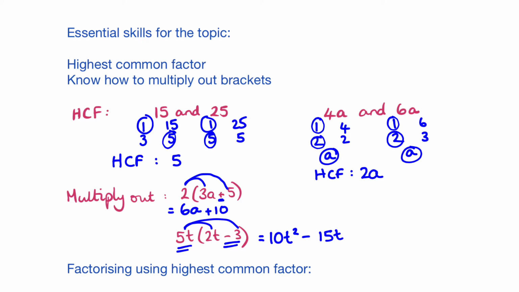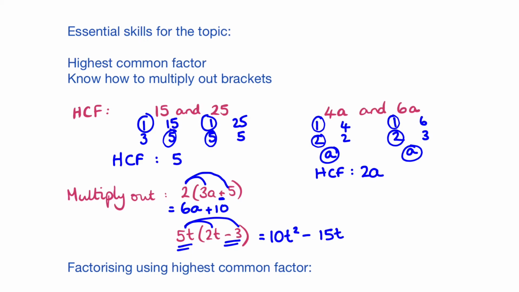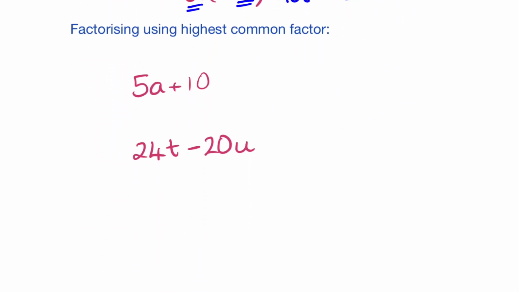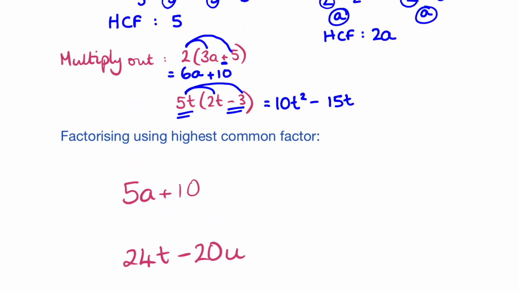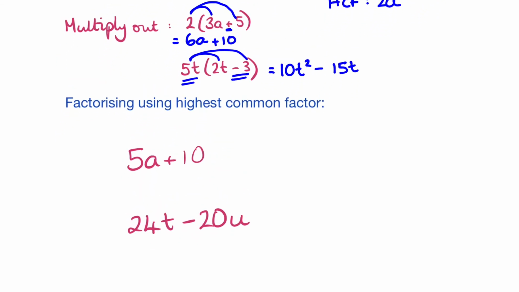Okay? So when we're factorising using the highest common factor, we're actually working backwards, so I'll leave that where we can see it. What we're looking for is the highest common factor of 5a and 10. Let's first of all think about the numbers. What's the biggest number that goes into 5 and goes into 10?